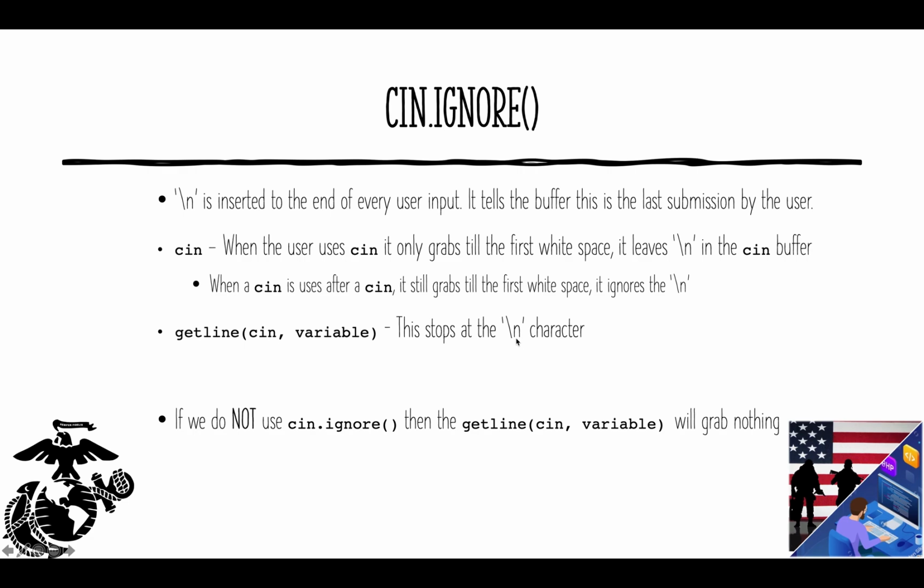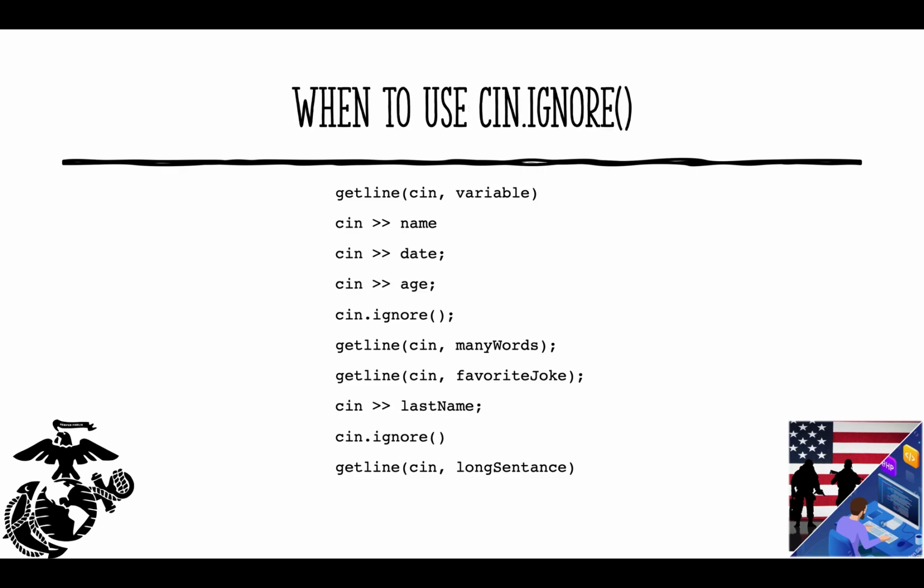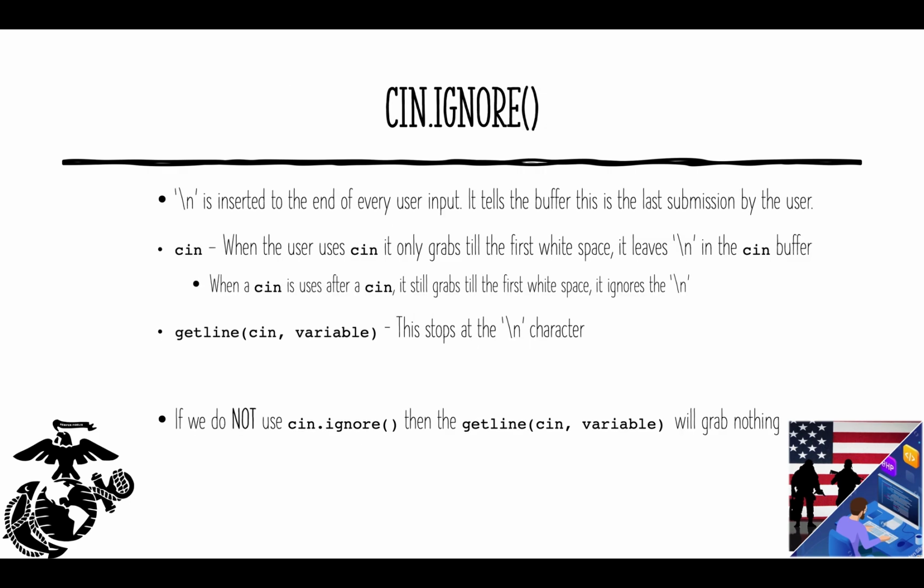So that's how the getline feature knows when it's done grabbing its entire sentence. It will continue to grab every single item until it reaches this new line character. So once it sees this new line character, that's when it knows to stop grabbing all of its content. Whether that's one word or a million words, it will always grab them until it sees this feature.